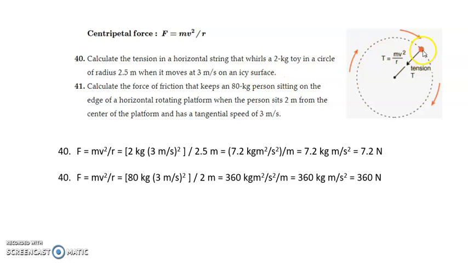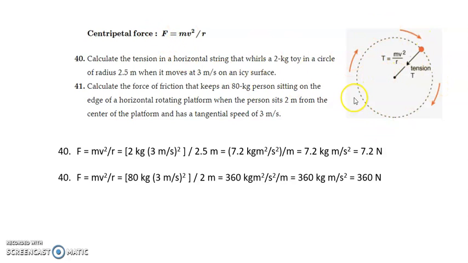So this is your simple pictorial representation of this problem where the toy is represented by the orange sphere. It's attached to a string, and so the force on the string is tension. The center of rotation is right here, and so the center-directed force is tension, and that is our centripetal force.